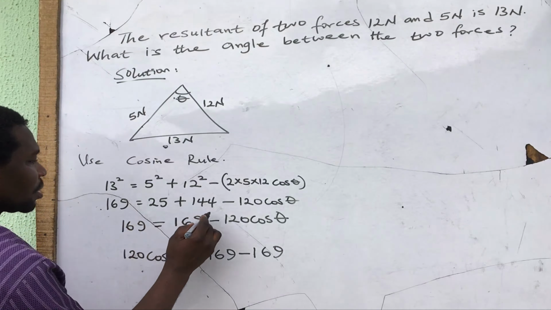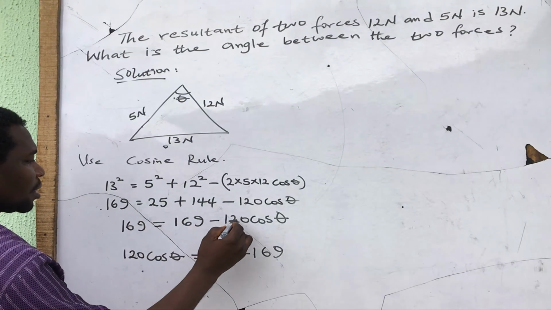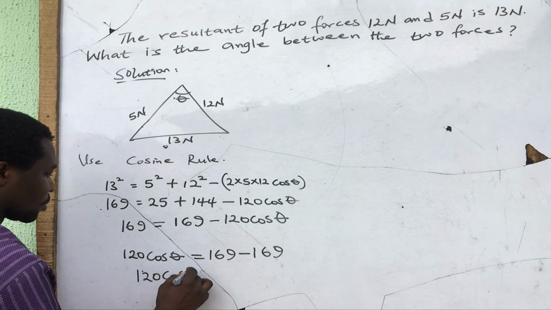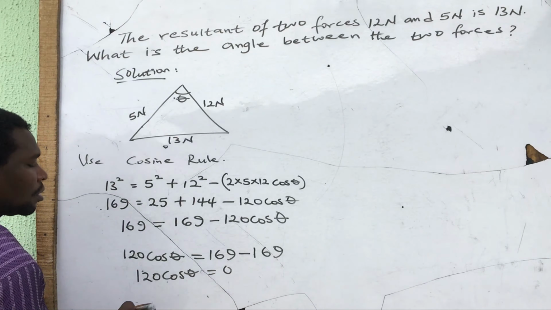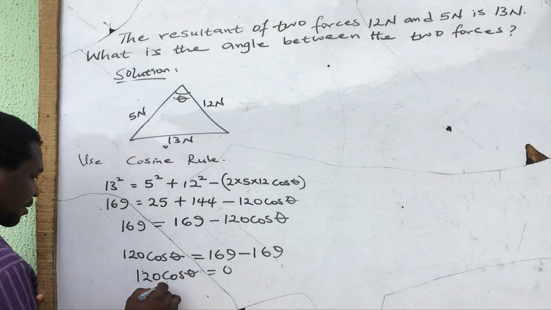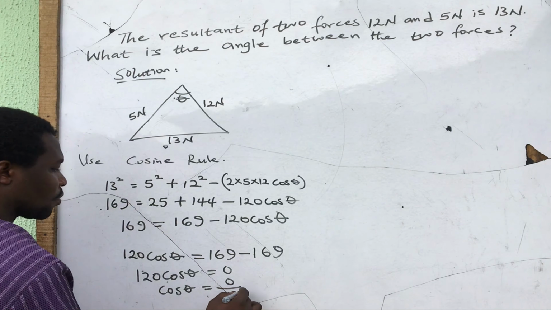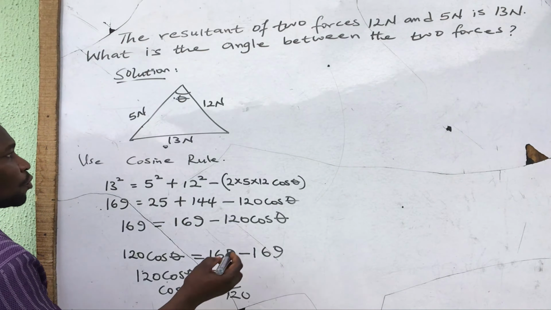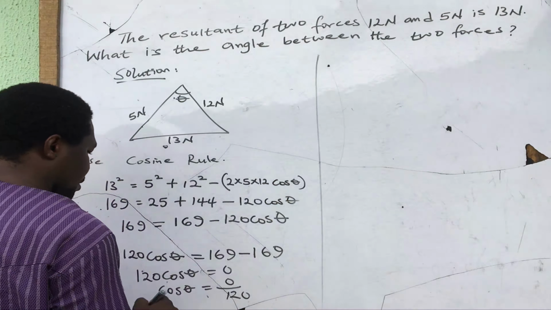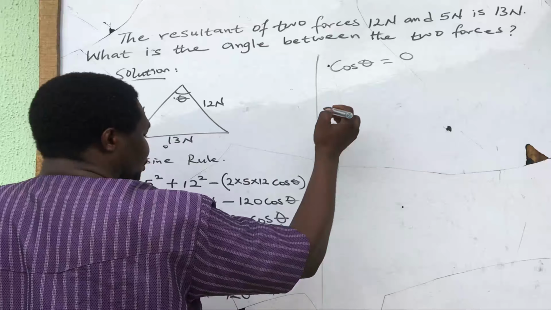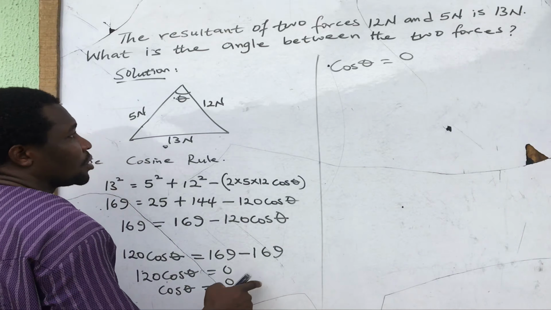When we bring this one here and this one here, then 120 cos theta equals 0. So it's now very easy. Then cos theta equals 0 over 120. From that, cos theta equals 0. So 0 over 120 will give us 0.